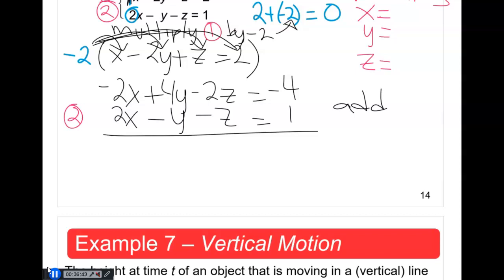So -2x plus 2x cancels out, so that will be a 0. Then we have 4y minus y is equal to 3y, and then -2z minus z is -3z, and then -4 plus 1 is -3. I mean, it's similar, but I just wanted to follow the step pattern.